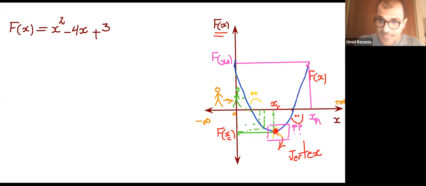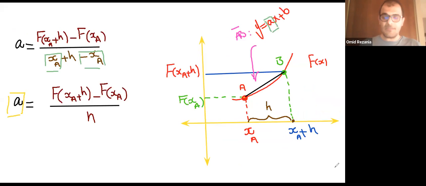Then it means that the changes that we are interested in finding in our function happen just in the close vicinity or the neighborhood of that point. For example, it all should happen in the close neighborhood of that point.